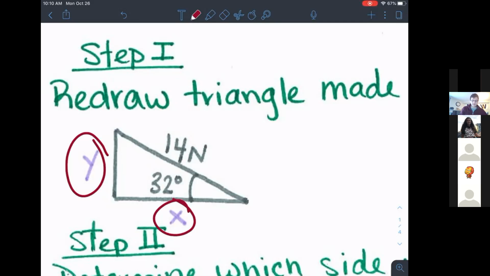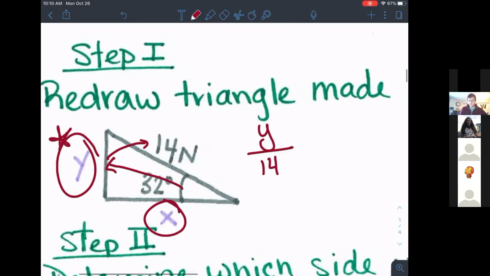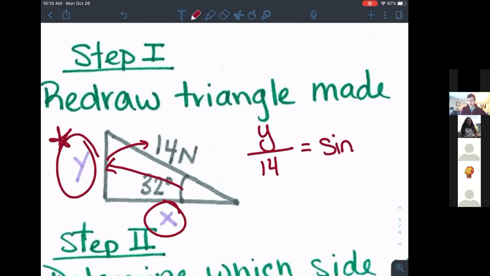If I was solving for my Y, what trig function would I use? Sine, because it's going to be opposite over hypotenuse. So we're going to have our Y over that 14 equals sine of our angle, which is 32 degrees.